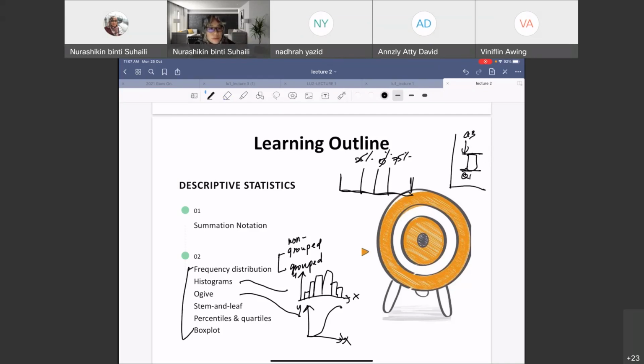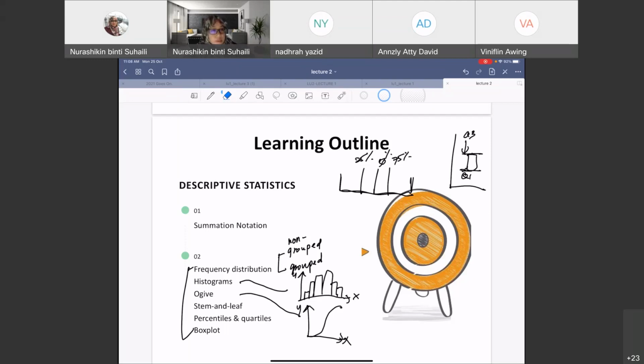Sometimes you just have to choose which one is suitable. Let's say you have your data from your research later. You don't have to present it in all of the forms. You just have to decide which one is suitable. If it is enough to present the data in a frequency table, that's fine. You don't have to do an ogive.